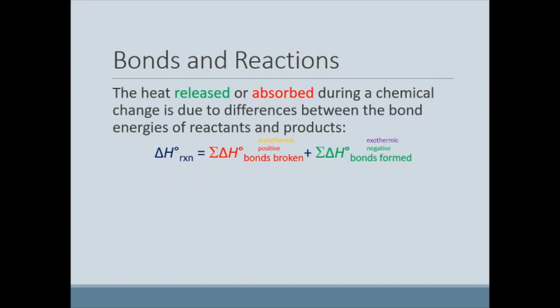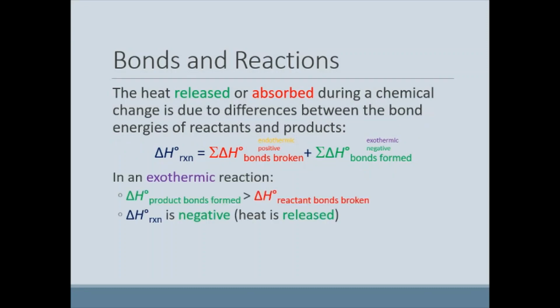And so here, that's the main thing you have to pay attention to. It's a simple addition problem, but if you have the wrong positive and negative values, things will go downhill very quickly. In an exothermic reaction, it just means that your negative value is going to be greater than your positive value. Or again, energy is going to be released.